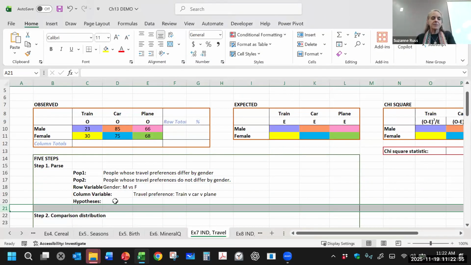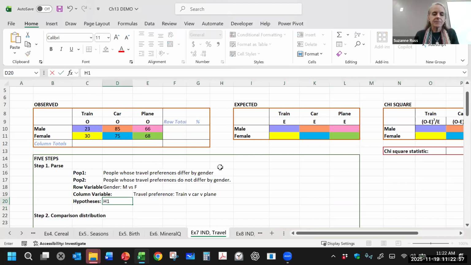All right, so let's make our research hypothesis. Population 1 has travel preferences that differ by gender. I'm running into a logical fallacy here, so I'm going to change something in a minute.